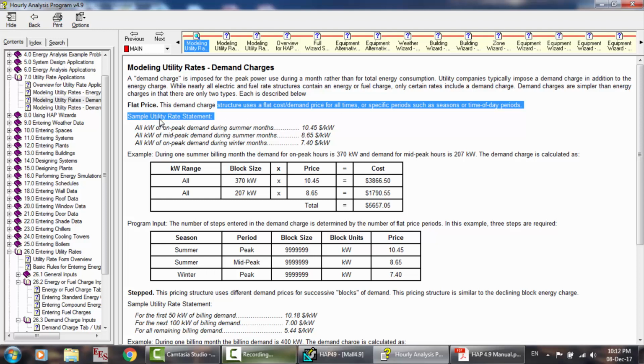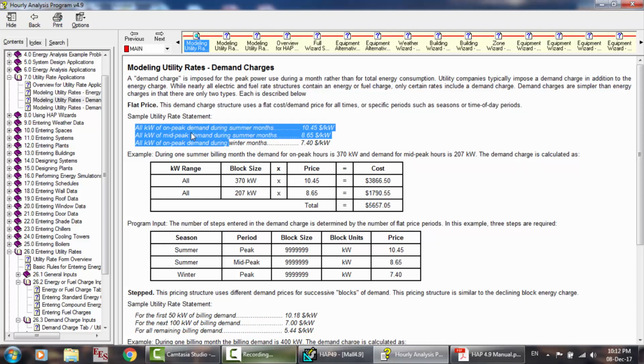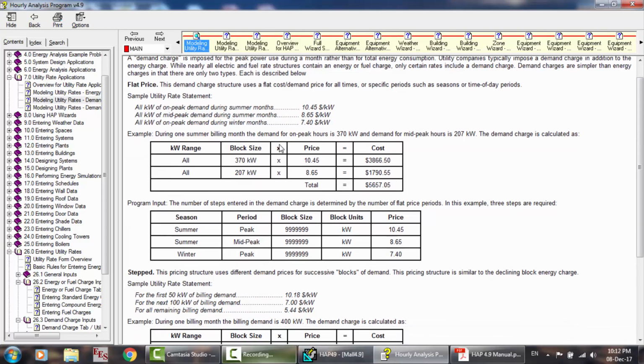So, sample utility rate statement. If the kilowatt of on-peak demand during summer months is this, or the kilowatt of mid-peak demand during summer months, another price, or the kilowatt demand during winter months is like this. So here is how to get the total by hand.